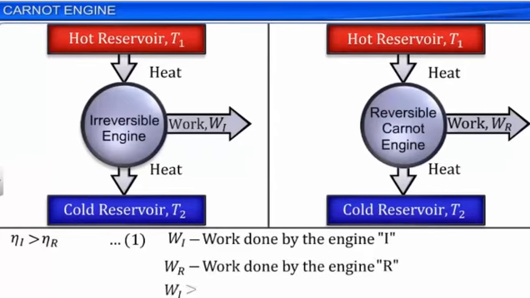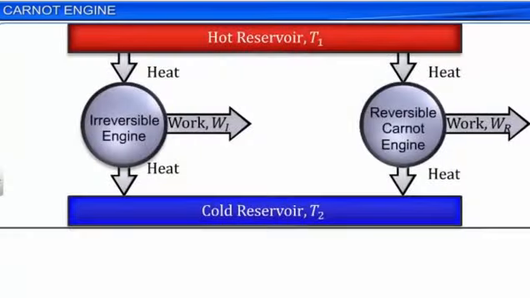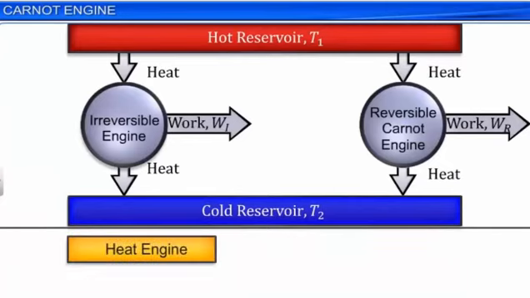Let us call this expression 2. Now, let us couple both the engines such that the irreversible engine I works as a heat engine and the Carnot engine R works as a refrigerator.